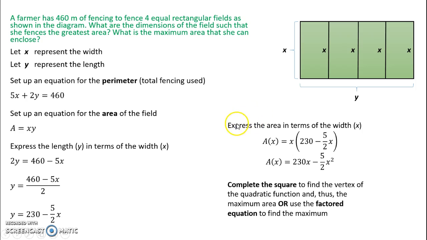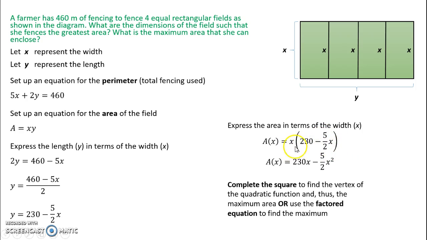So now we're going to express the area in terms of the width. Okay, so we're going to have A(x) is equal to x times y. So basically taking this equation and we're replacing the y with this expression. Okay, so x times 230 minus 5/2 x.